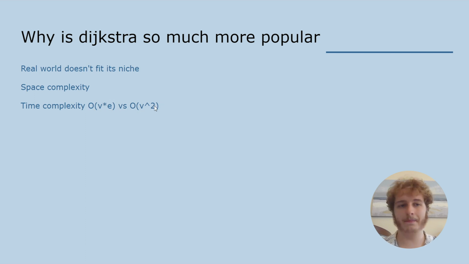When we look at time complexity, at first this may seem a little bit odd that I'm saying this is worse than this. That's because normally if you have something times something, it's not considered worse compared to the polynomial squares. However, if you think about it with a graph, realistically, the number of edges, if it's connected, are either going to be equal to or more than the number of nodes.